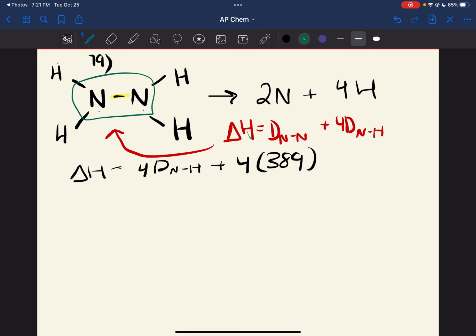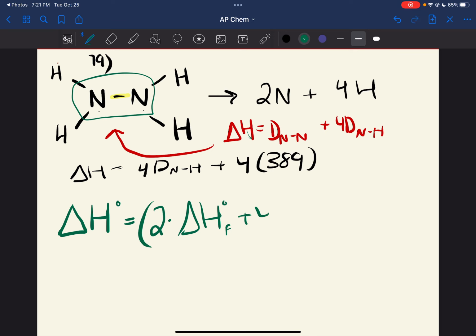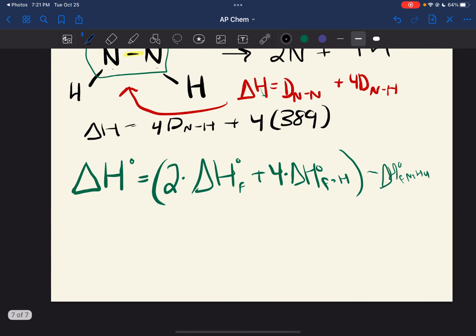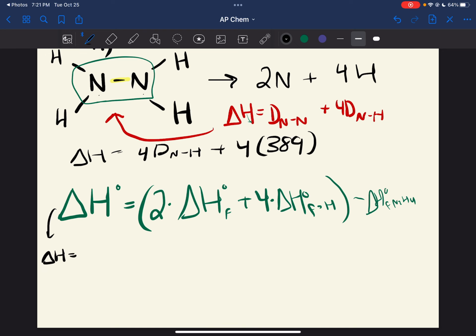When I'm solving for the standard enthalpy of formation for this whole thing, it's going to equal 2 times the standard enthalpy of formation for my nitrogen, because there are 2 nitrogens, plus 4 times the standard enthalpy of formation for my hydrogens, minus the standard enthalpy of formation for my N2H4, which converts down here to delta H equal to 2 times 472.7 plus 4 times 216.